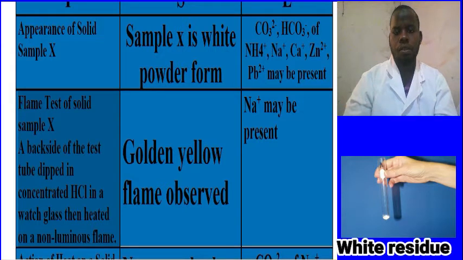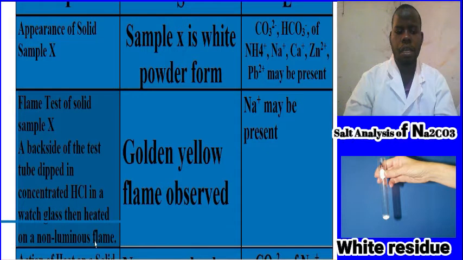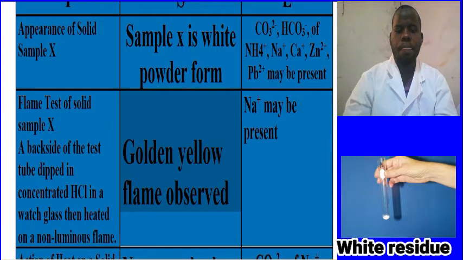Action of heat on sample X. A small amount of solid sample X is transferred into a dry test tube and heated gently and then strongly until no further change occurs.